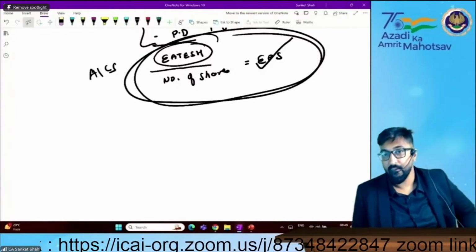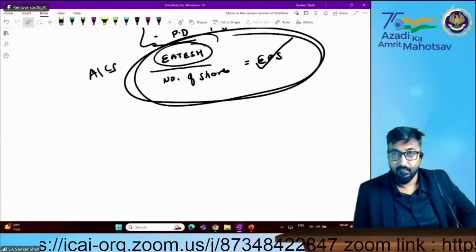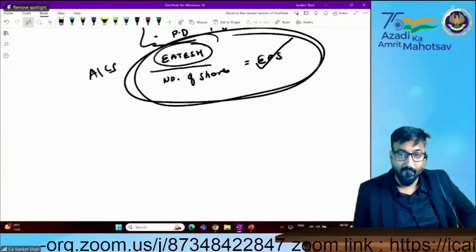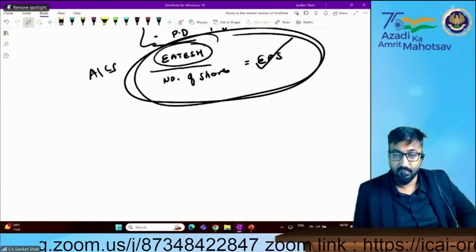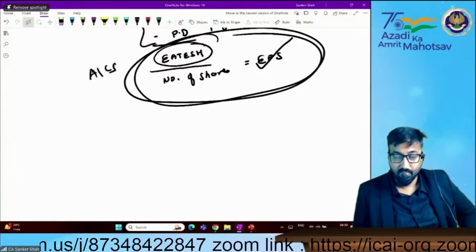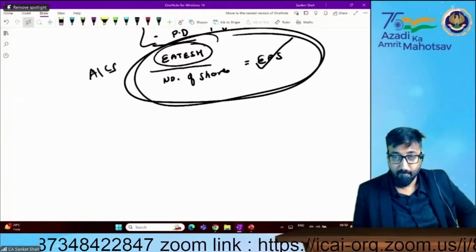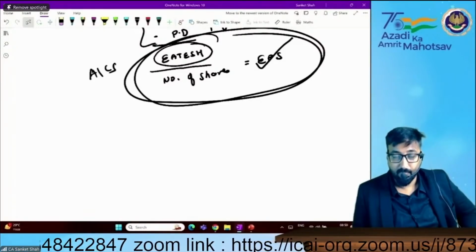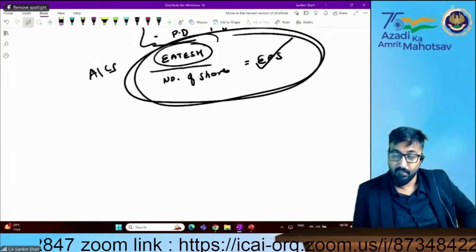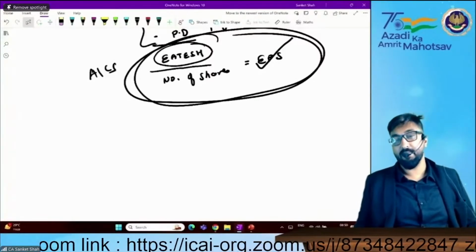Very good. Vaishnavi, say the format once. Sales minus variable cost equals contribution, minus fixed cost equals EBIT, minus interest equals earning before tax, minus tax equals profit after tax, minus preference dividend equals earnings available to equity shareholders. Very good. Divided by number of shares is EPS.